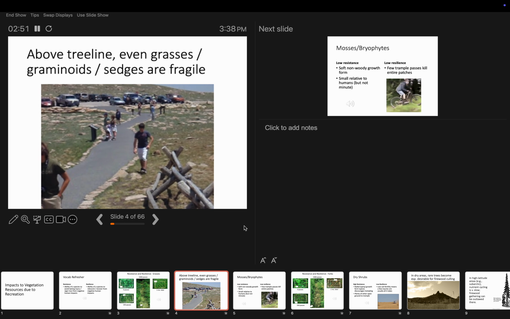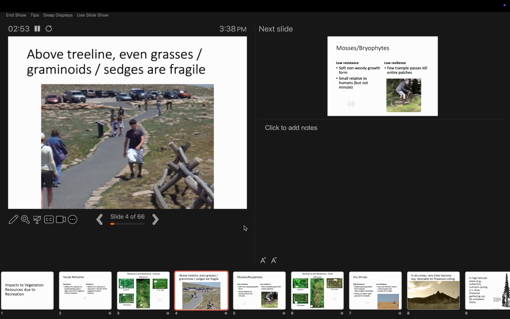And so somebody walking across this is at Rocky Mountain National Park up on the highway at 11,000 feet, just past one of the visitor centers. Somebody walking through this grass, right, it doesn't have that 250 or 1,000 pass trampling capacity per day. It's got something much, much less, right?